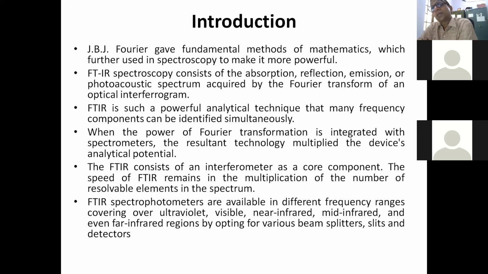From where will you get this optical interferogram? When radiation is incident on a sample, the sample will absorb a part of that radiation as per the potential of the different bonds which come in the way of that radiation.